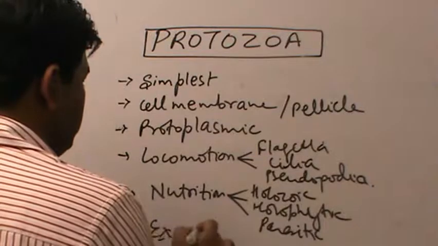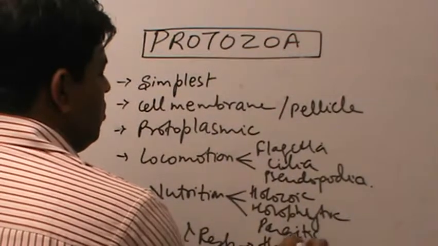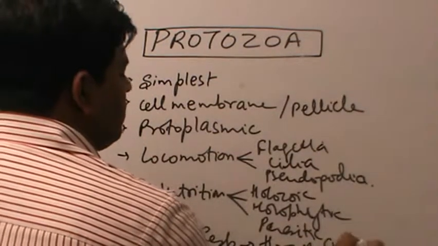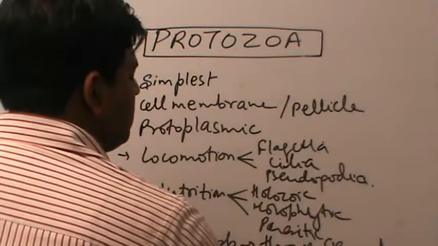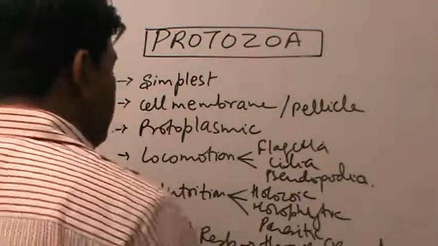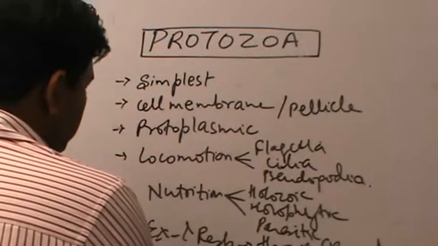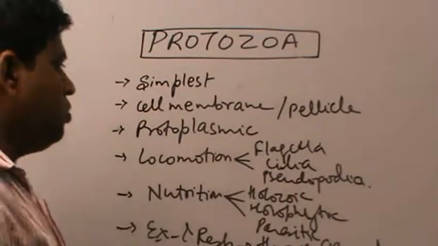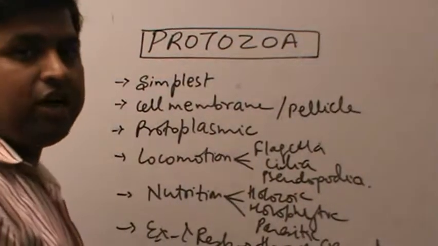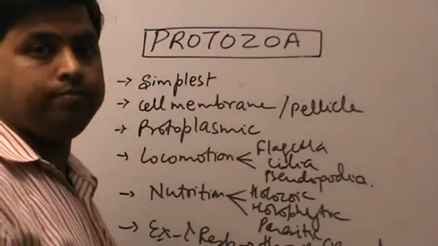Excretion and respiration are through the general body surface, and they form cysts during unfavorable conditions. So these are the main characteristics of phylum Protozoa.